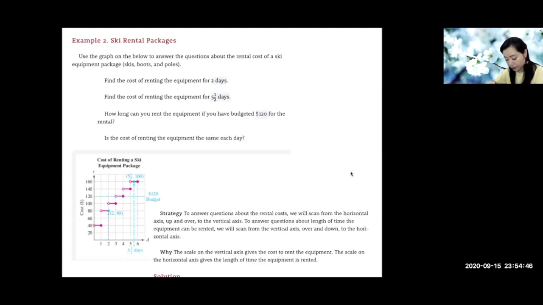Find the cost of renting the equipment for 2 days. So we locate 2 on the D-axis, go up and hit the graph, and look to the side, and it looks like it's $80. So the answer is $80. The second one: find the cost of renting the equipment for 5.5 days.